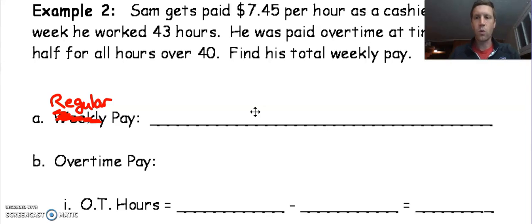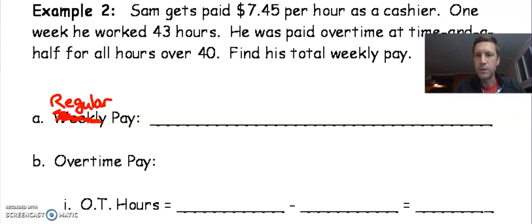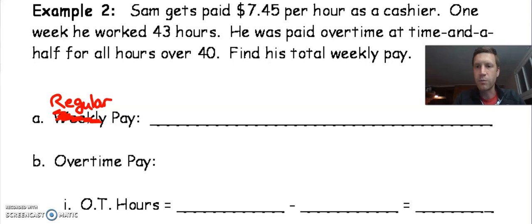So let's take a look at one example. I think on your notes this accidentally says weekly for step A. It should be regular. That's what we've been calling it. So Sam gets paid $7.45 per hour as a cashier. One week he worked 43 hours. So regular means only the first 40 hours.